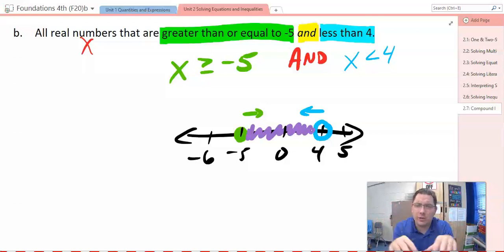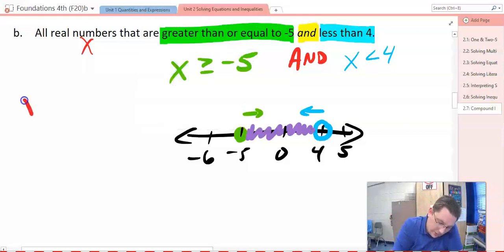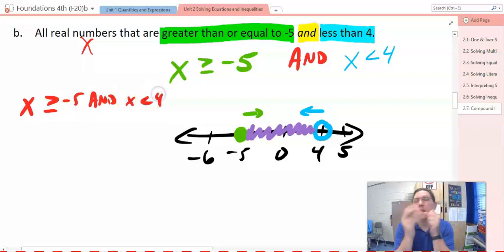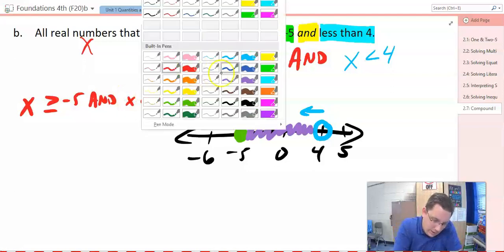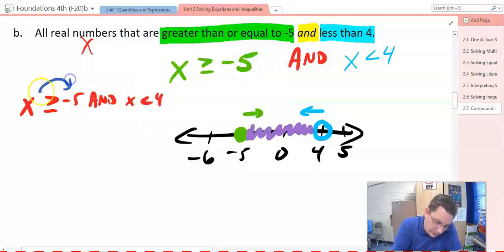Now, one thing that we can do, we can rewrite the statement actually as one simplified inequality. I'm going to show you that real quick on the side here. And so we have the statement x is greater than or equal to -5, and x is less than 4. Another way to write this statement, watch this. Remember we talked about how we could flip this inequality all the way around, and it will also flip the sign.